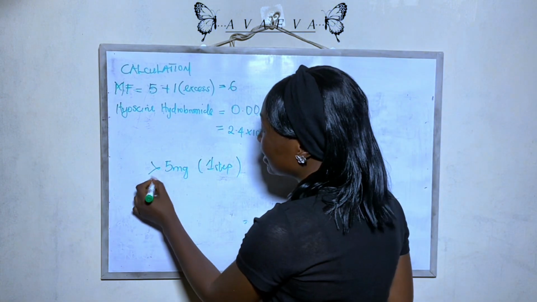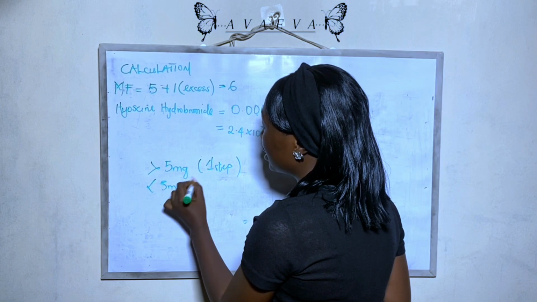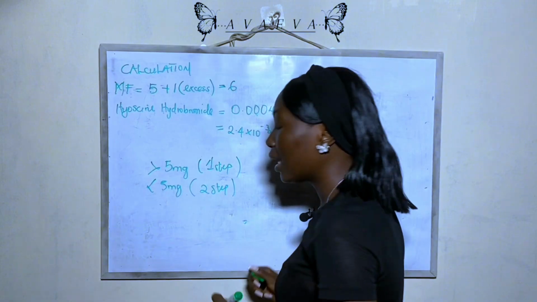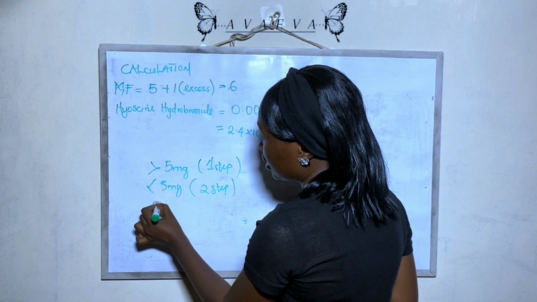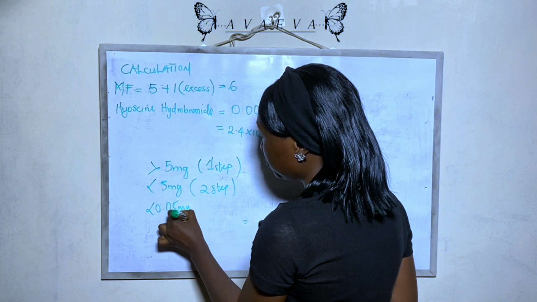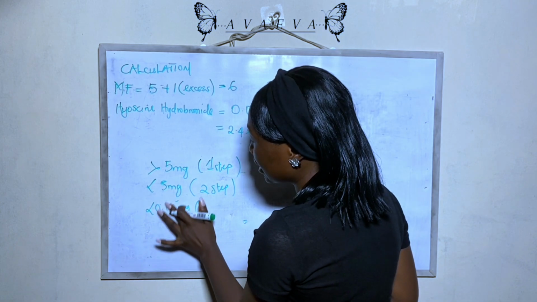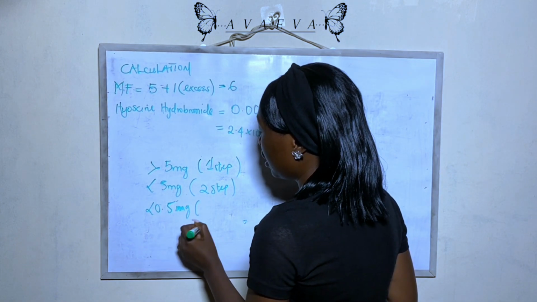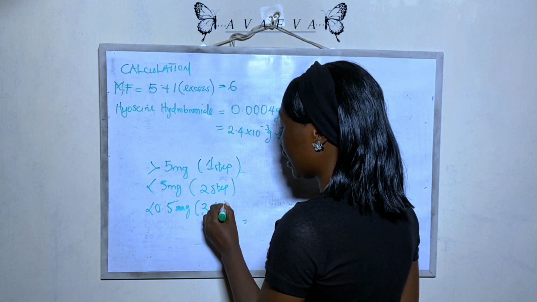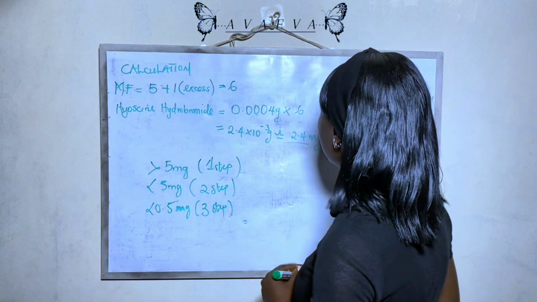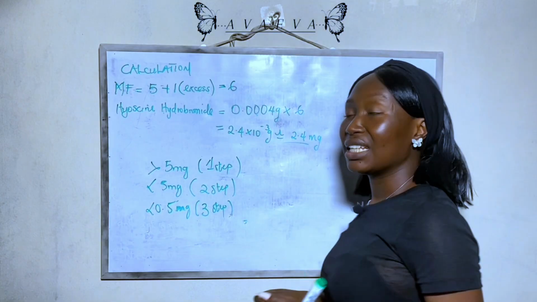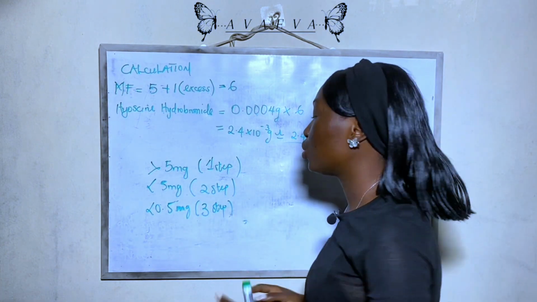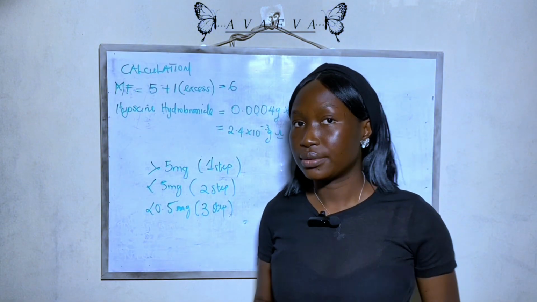When you have less than 5 milligrams, you move forward to the second step. And usually when you have less than 0.05 milligrams, you move further to the third step of titration. For this, 2.4 milligrams is definitely less than 5 milligrams, so we know that we're going to do 2 steps of titration.